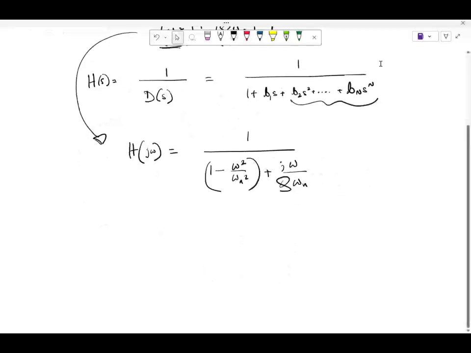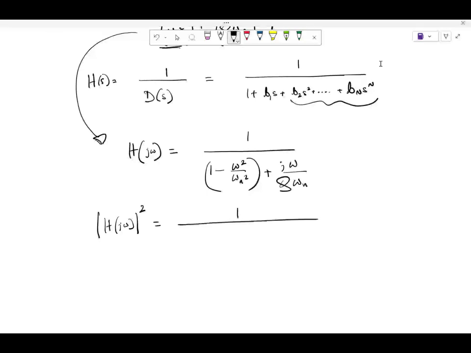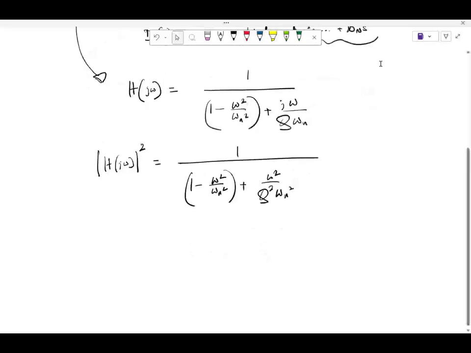If I take the magnitude, that is mod of H(j omega), let me take the square, since I do not want to deal with the square root. This becomes (1 minus omega squared by omega n squared) squared plus omega squared by Q squared omega n squared.